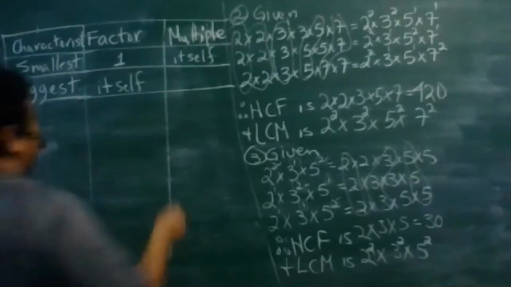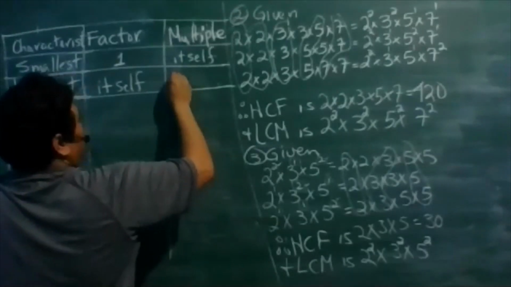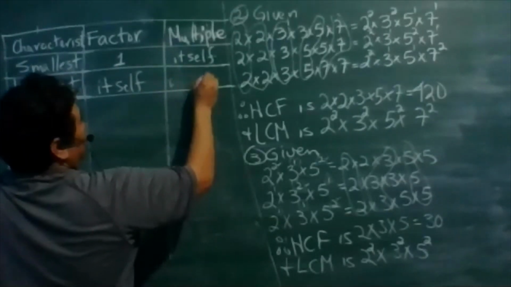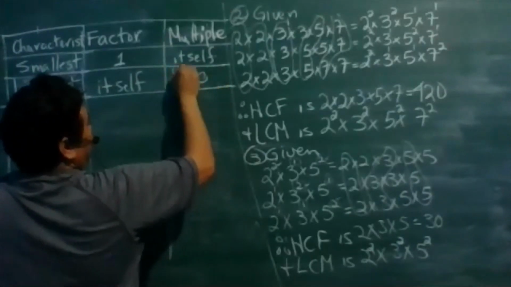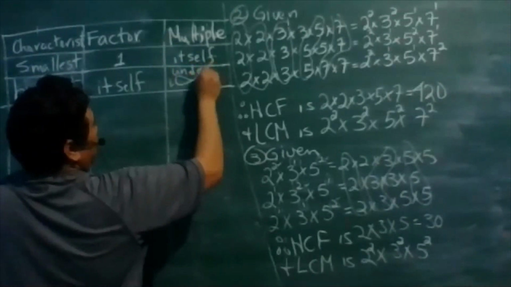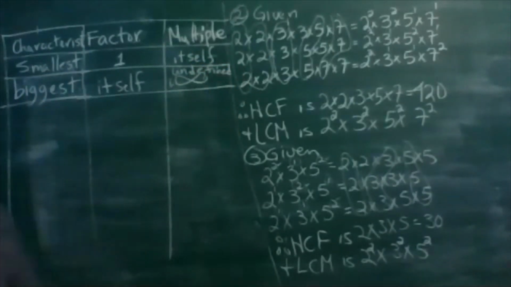The biggest multiple is not known. It is either called infinity or undefined. Right? Undefined. Okay? So those are 2 of the characteristics.